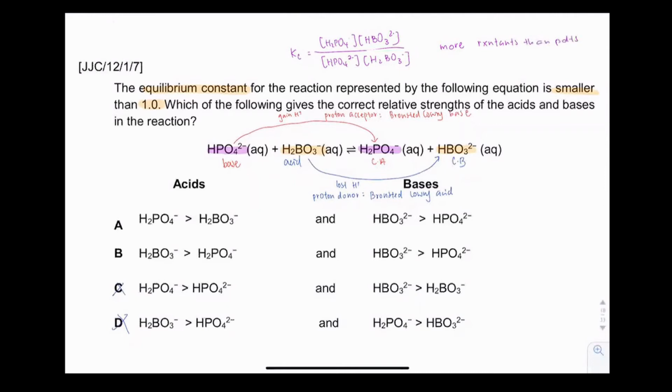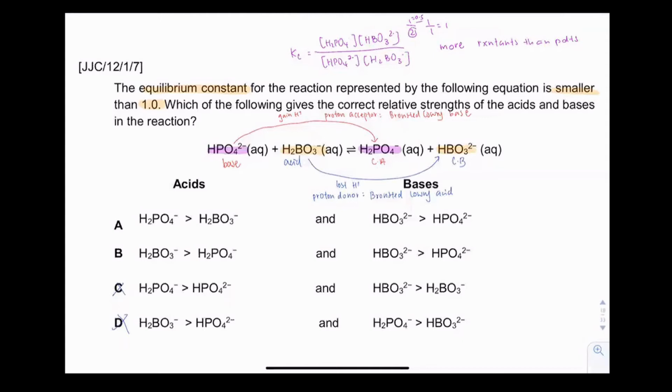Because in order for it to be smaller than 1, it means that the denominator should be a larger number. For example, 1 over 2 versus 1 over 1. So 1 over 1 will give you 1, and 1 over 2 gives you 0.5. So you see, the larger the denominator, the smaller the Kc value.